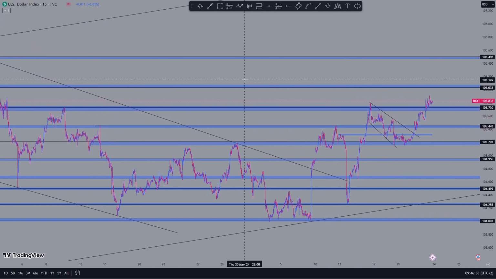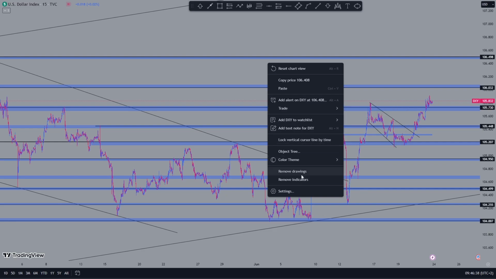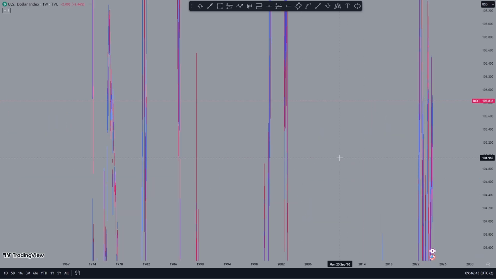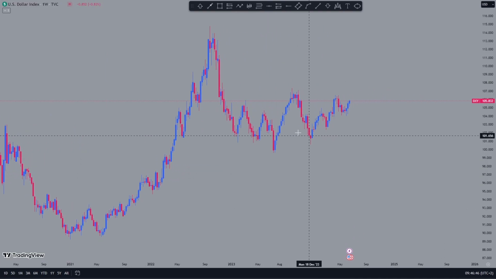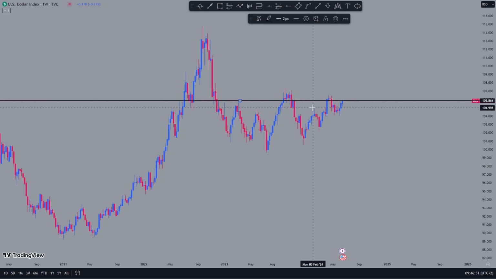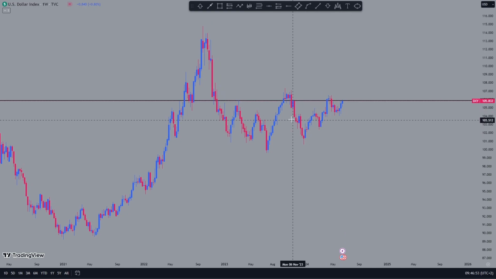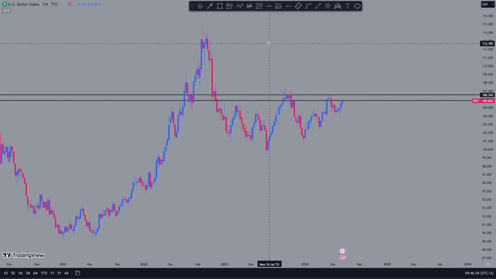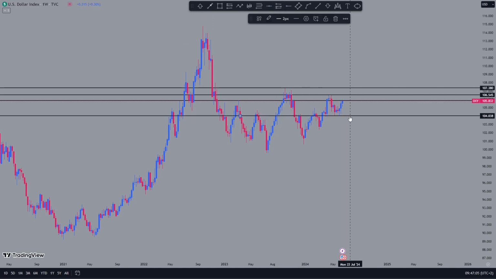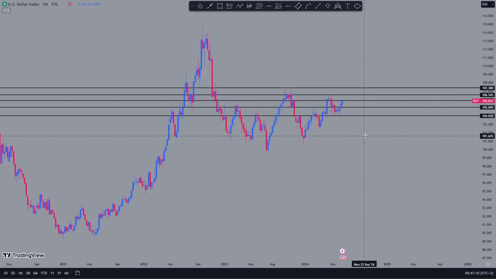So I'll remove everything here on the dollar index. I'm gonna remove every single drawing. Then I'm gonna start from a weekly time frame. So I'm also gonna spot my sensitive areas, which is this one, and also that one, and also that one too, and also this one, and also this one too.